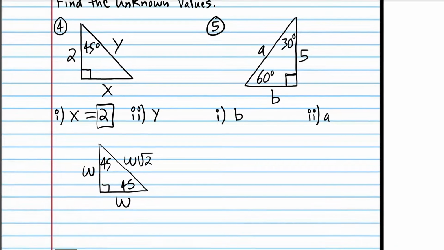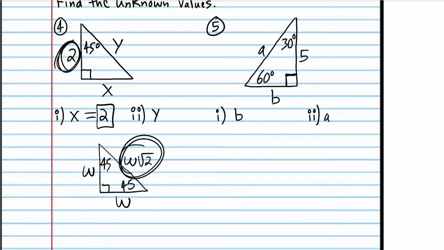And Y has to be whatever this number is multiplied by root 2. So again, these W's over here, they're both 2 in our triangle. So that means Y must be 2 times root 2. So again, if you know your special triangles, that's a problem you can do very quickly.